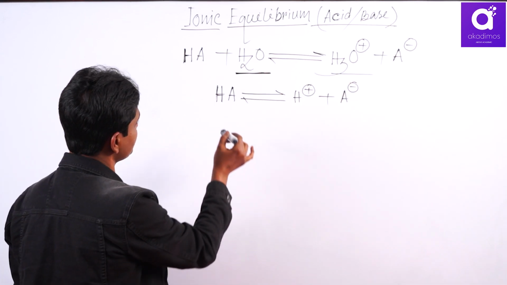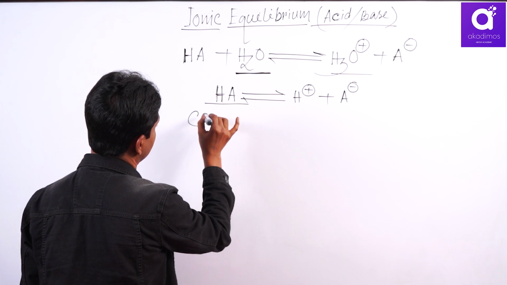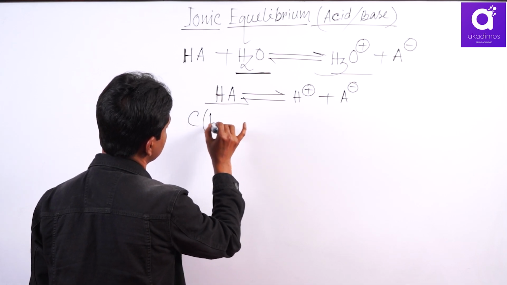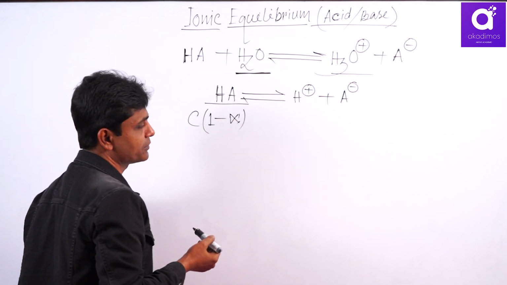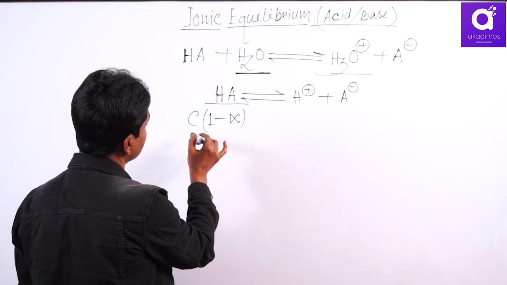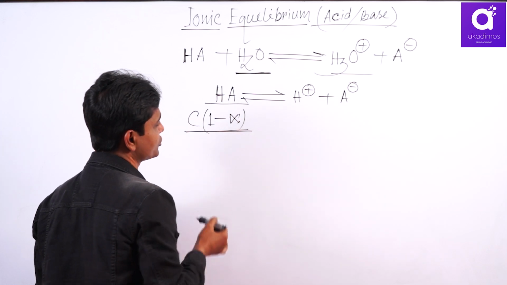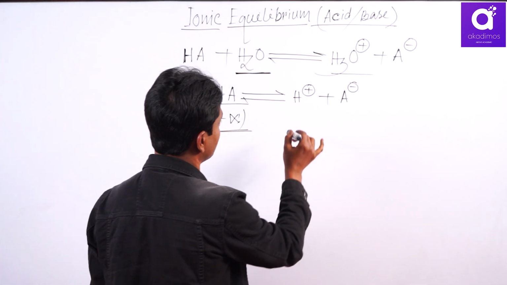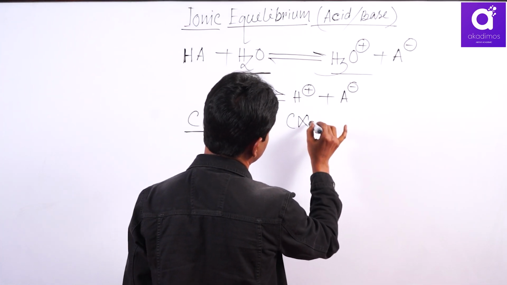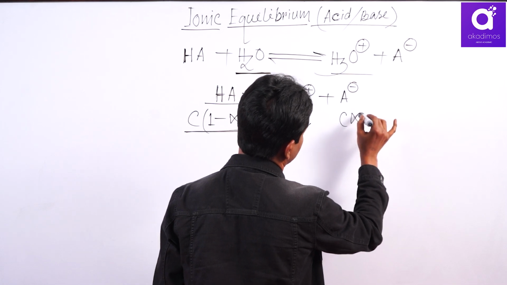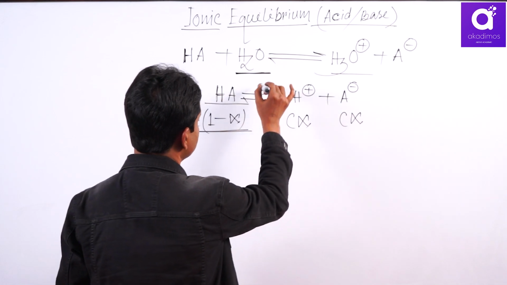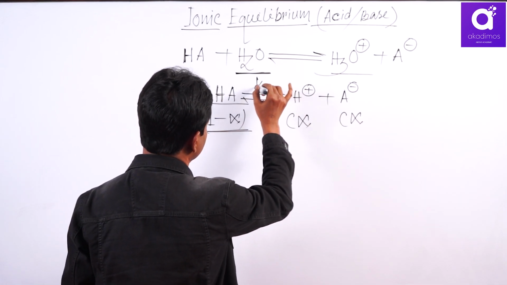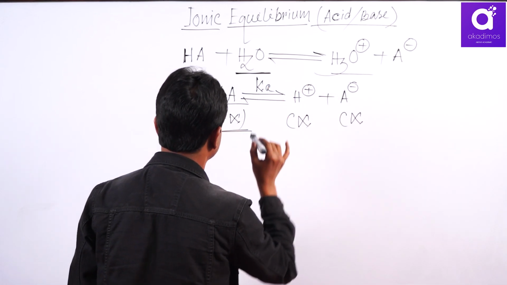Now the initial concentration of HA is taken as C. Let alpha be the degree of dissociation at equilibrium. Degree of dissociation means the fraction of dissociation at equilibrium. Then at equilibrium the concentration of HA is C into 1 minus alpha, H plus is C alpha, and A minus is C alpha. Now let the dissociation equilibrium constant of the acid be Ka.